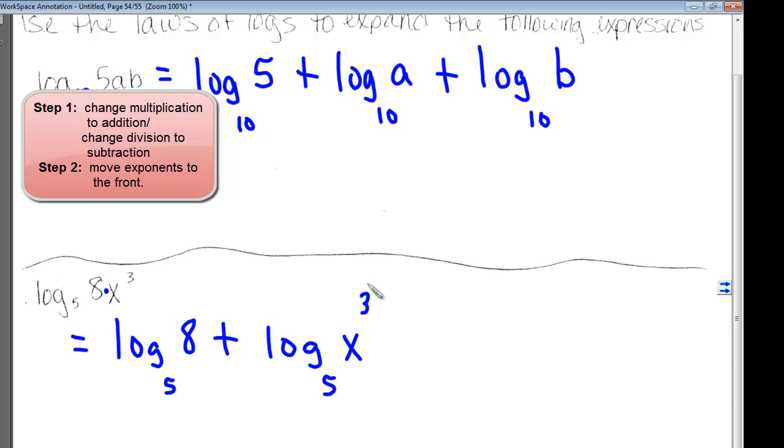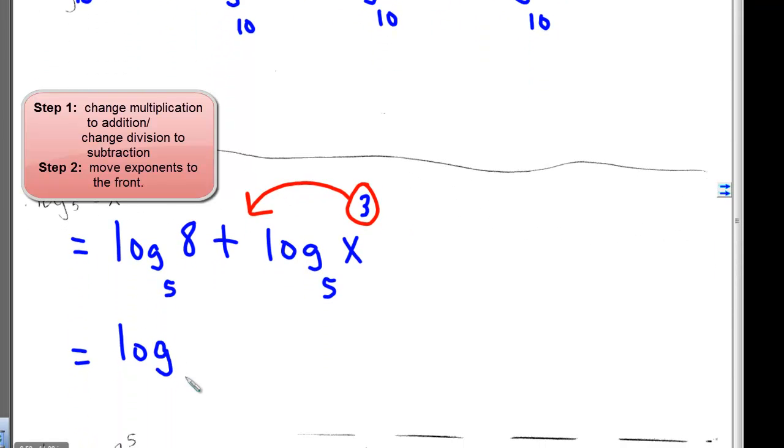However, I still have an exponent of 3, and when we expand, I cannot have any exponents or two numbers next to each other. So I'm going to rewrite it, and that will give us log base 5 of 8 plus 3 times log base 5 of x.